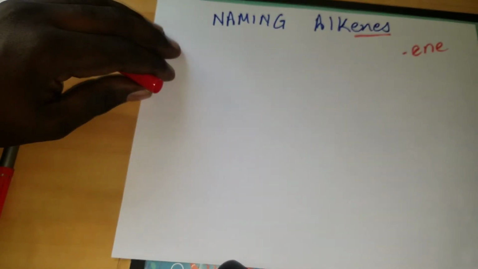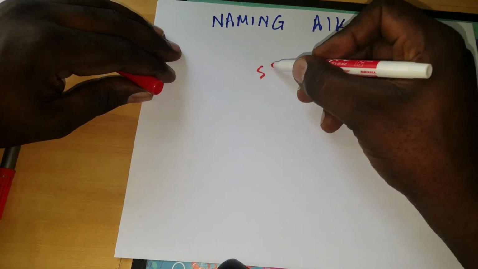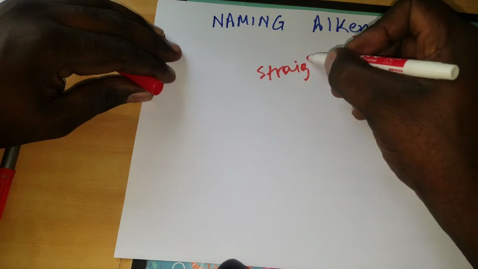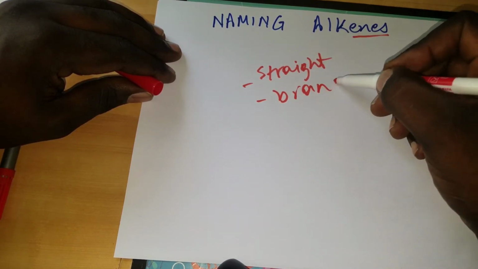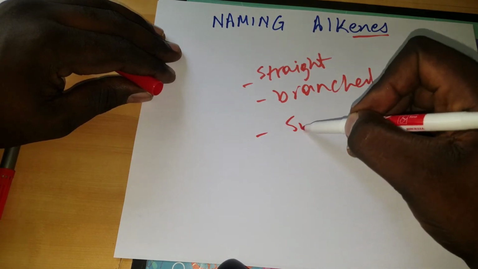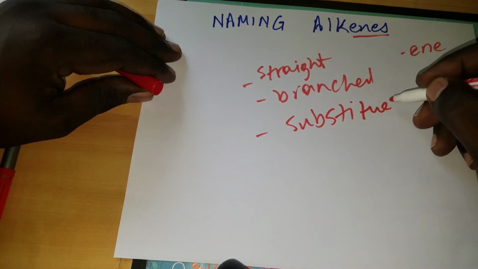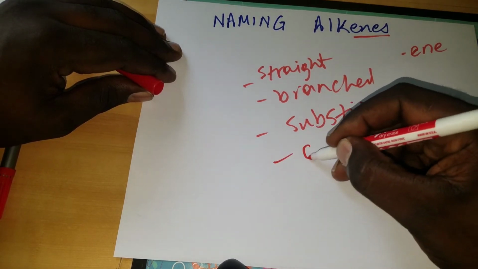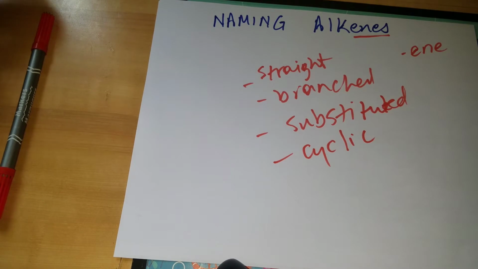Just remember that. And of course, all our compounds are either going to be straight, branched, substituted, or cyclic. So that's pretty much what we're going to be looking at.